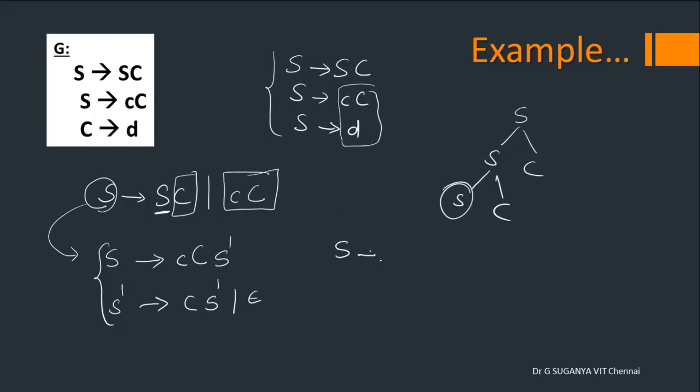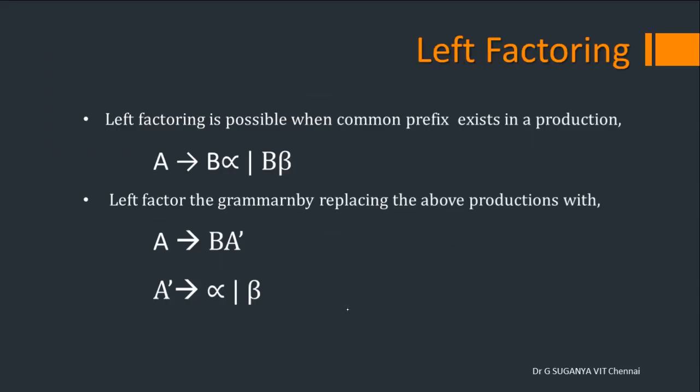So again, it has to be replaced like this: CC with the introduction of a new non-terminal S dash, and coming to the next alternate, it is D, again followed by S dash, where S dash gives capital C, S dash, or epsilon. That's how the left recursion needs to be eliminated. And moving on to left factoring.